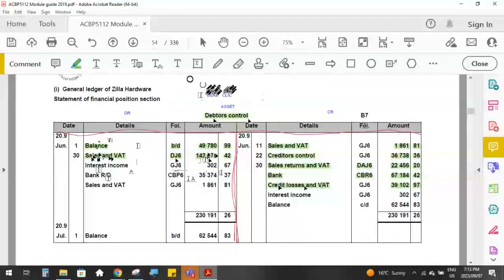Interest: when we charged our customer interest, we debited debtors control and credited interest income. And when we reversed that interest, we then credited debtors control and debited interest income. So you can see this 302 and that 302, they contra each other out.